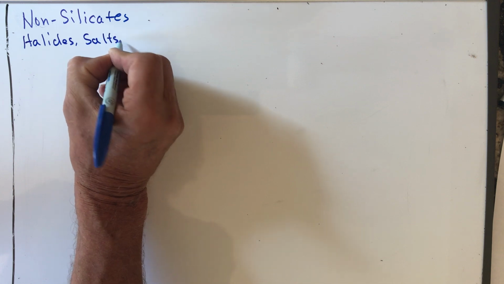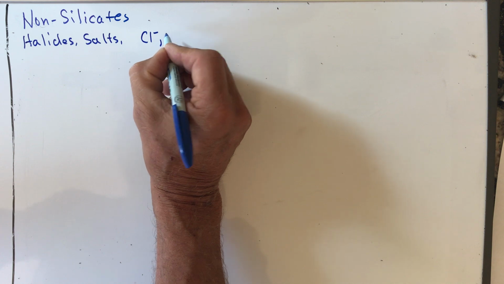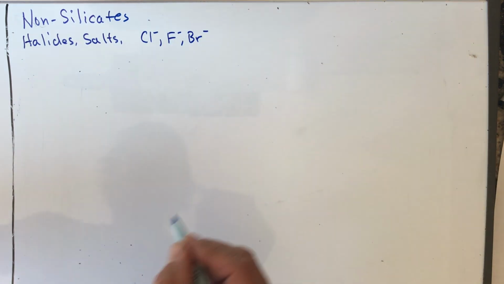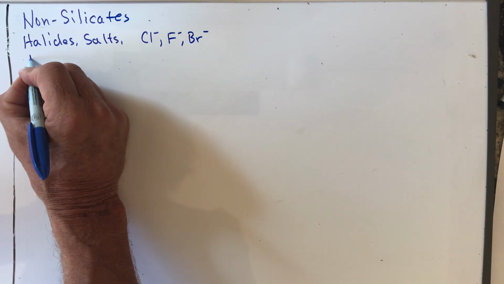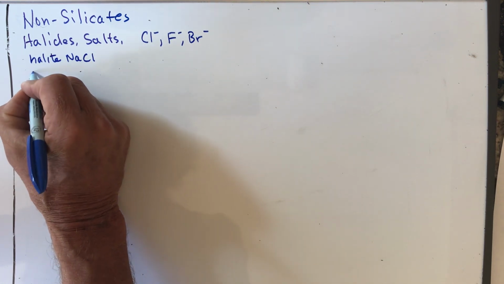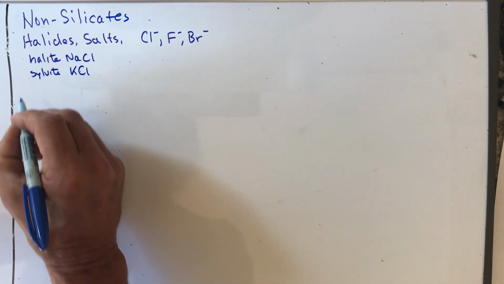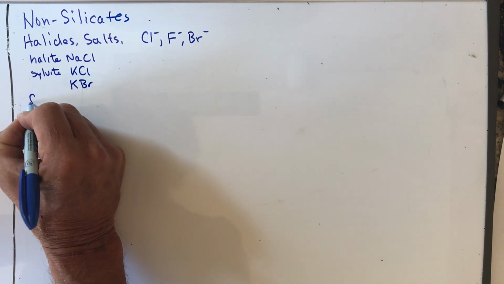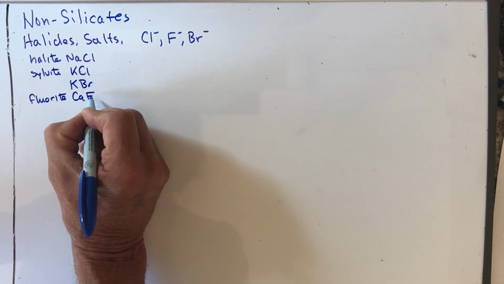In this case, the anion is chlorine minus, in some cases fluorine minus, or bromine minus. They include simple halides such as NaCl, KCl, potassium bromide and fluoride, CaF2.